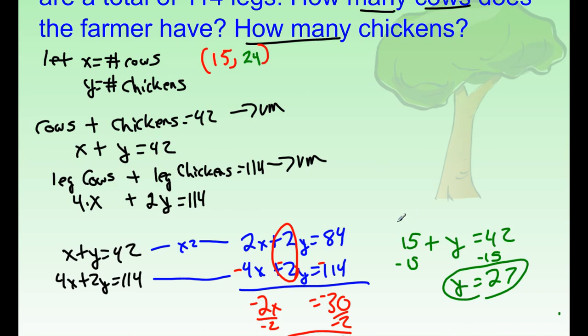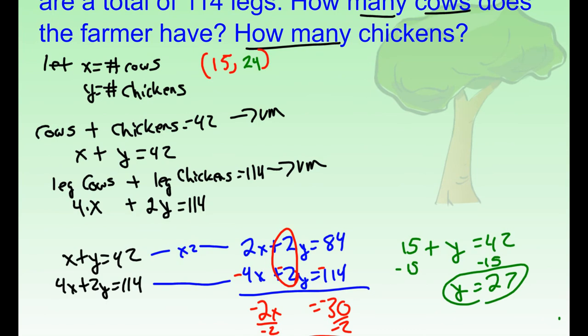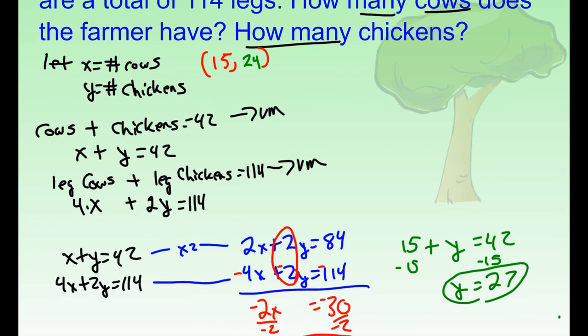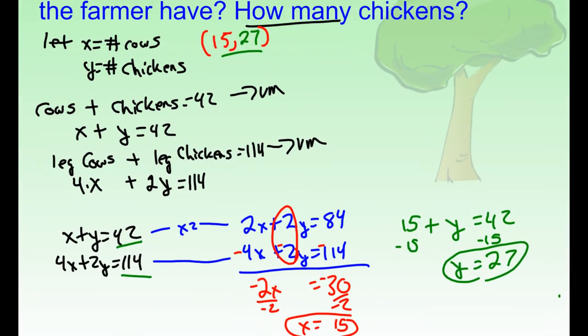So if the farmer has 15 cows and 24 chickens, I'm sorry, 27 chickens. I wrote it wrong. 27 chickens. He has a total of 42 animals. And all of their legs, if you count all their legs combined together, is 114 legs. There we go.